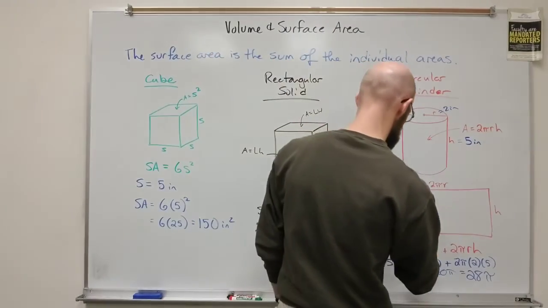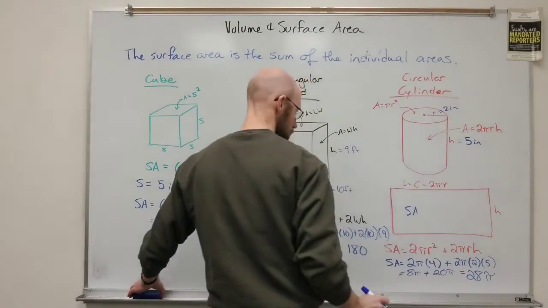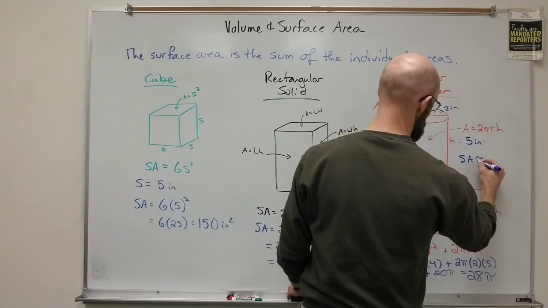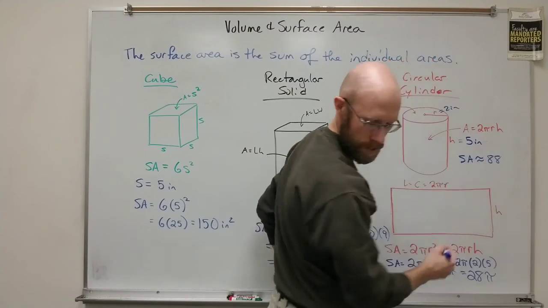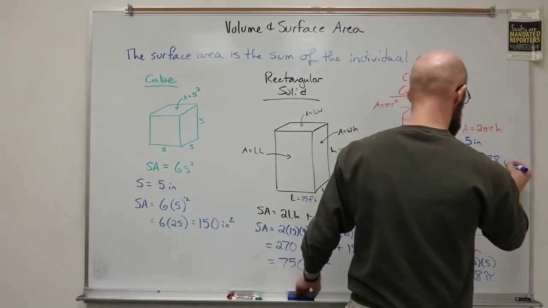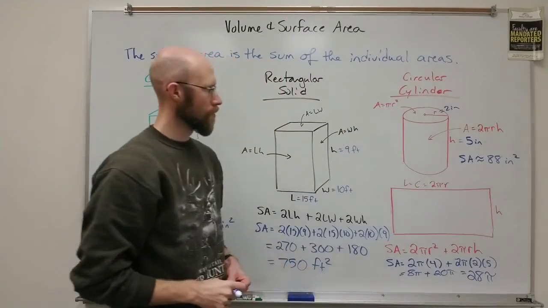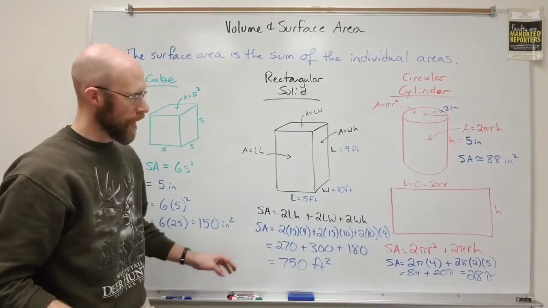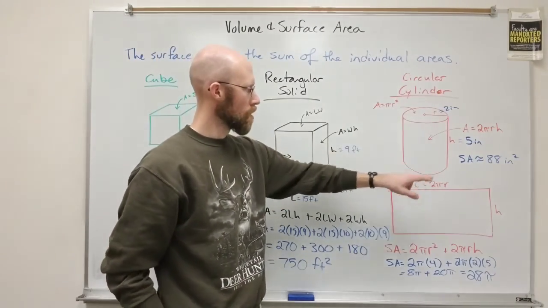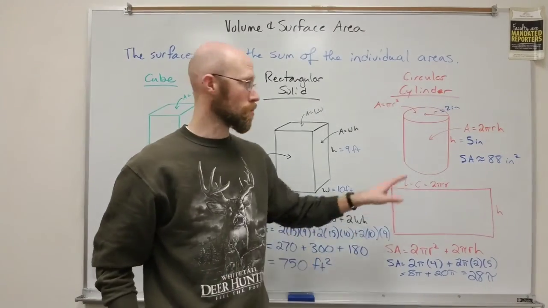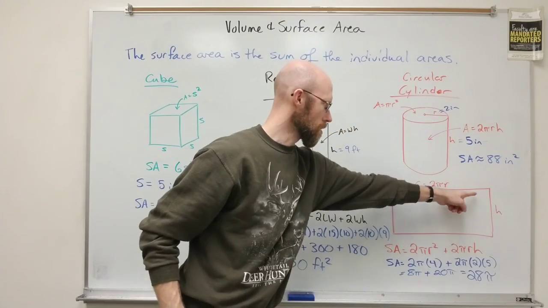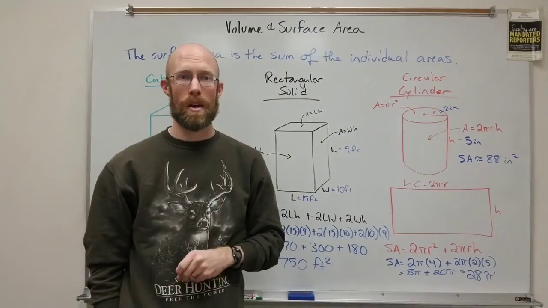Surface area is approximately 88 square inches for the whole thing. So just by plugging that in, you're basically adding together the area of 2 circles, plus this rectangle whose width is the height and whose length is the circumference of that circle.